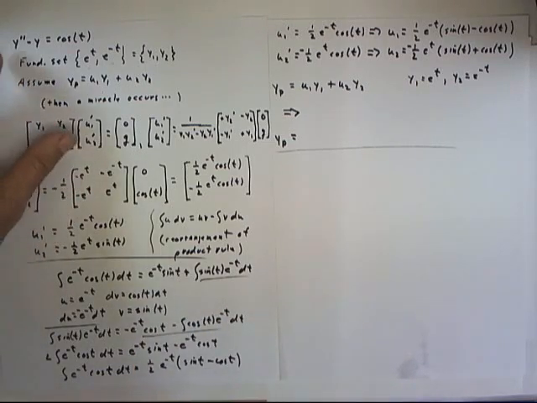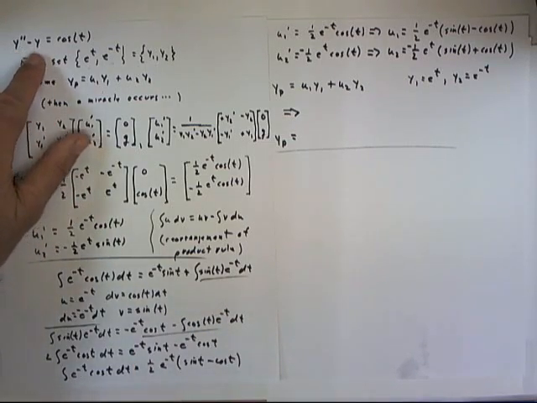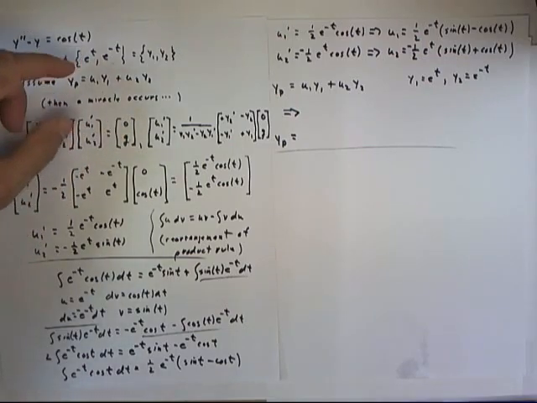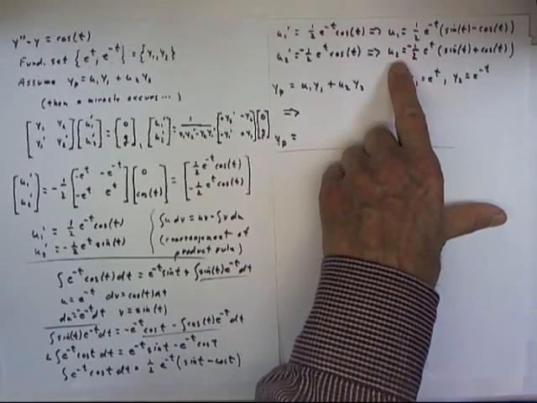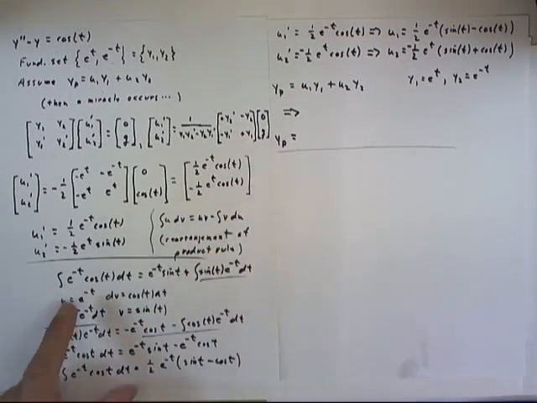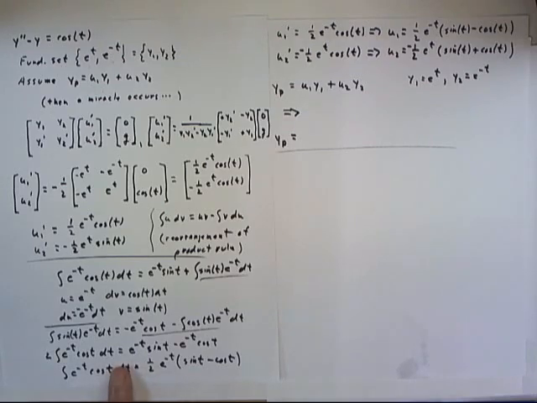In the previous clip, looking at the equation y double prime minus y equals cosine of t, we followed the integration by parts procedure to get our u1 prime and u2 prime functions, which we then integrated to get our u1 and u2 functions. Now I've shown the integration by parts to get the u1 function.